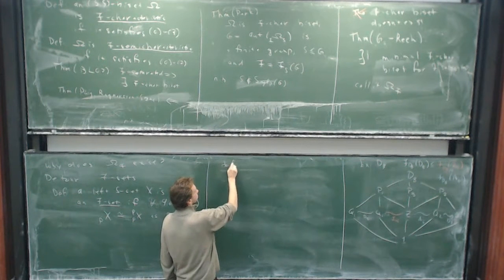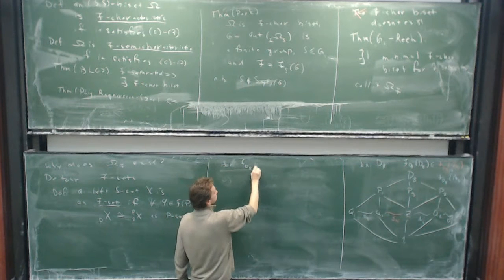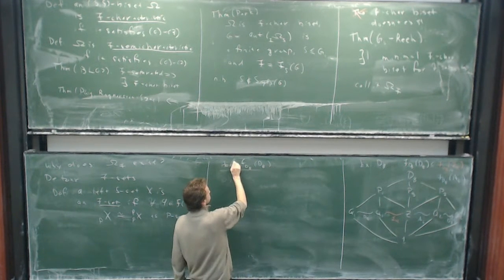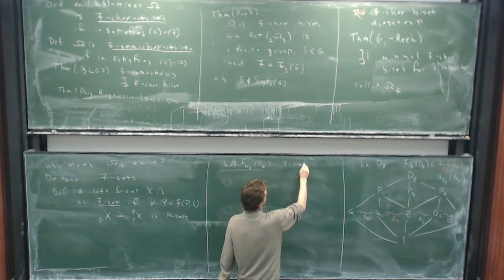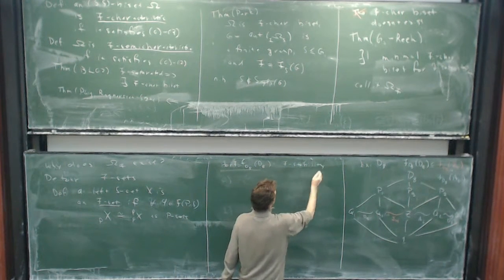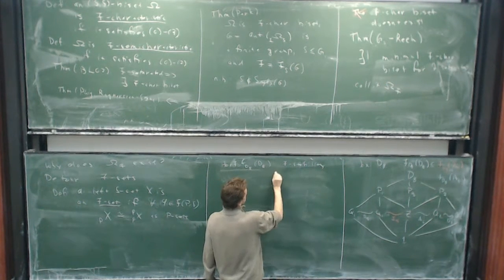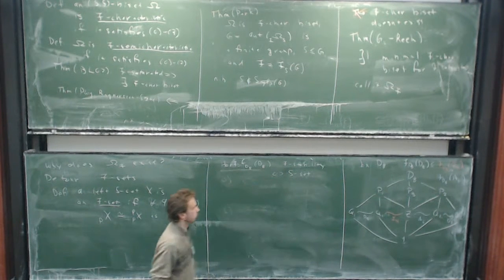Okay, so for the fusion system coming from D8 itself, F-stability is the same thing as just being an S-set. There's no condition.